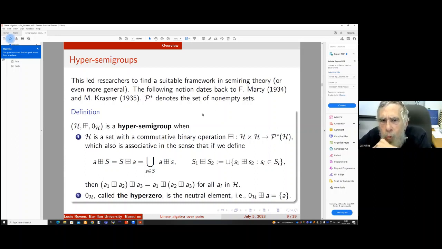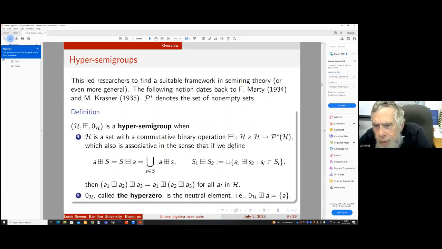And one important notion, which we'll deal with soon, dates back to Marty in 1934 and Krasner in 1935. It's a hypersemigroup.